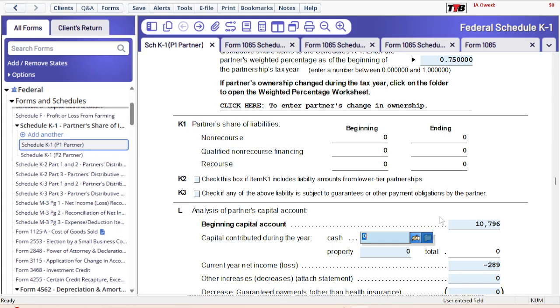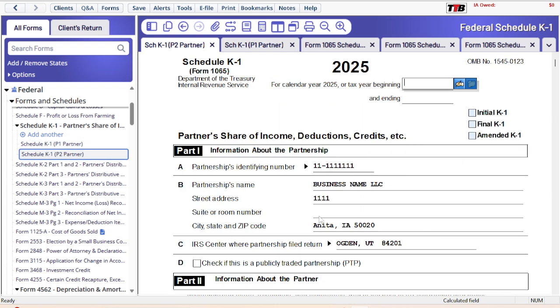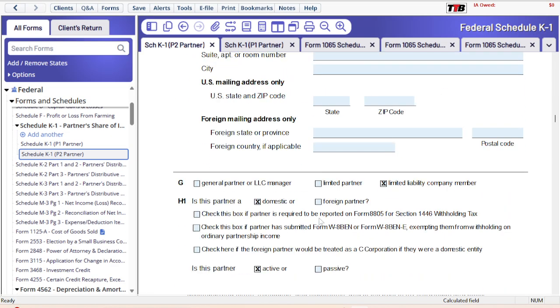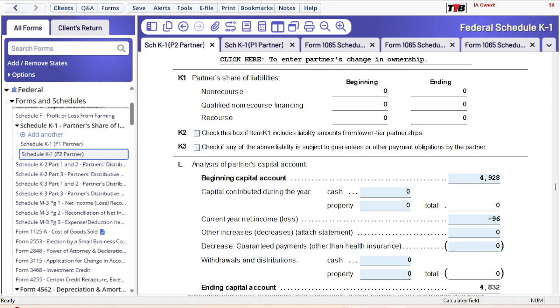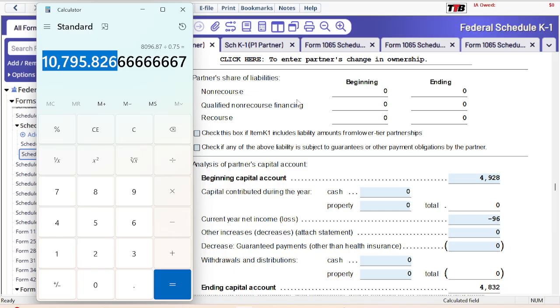Okay, and now let's go back. We might need to do that for this one as well, and this one is 25%. So let's go back to our calculator here. Let's do that. Times 0.75 is giving us what we had before, times 0.25 is giving us this.